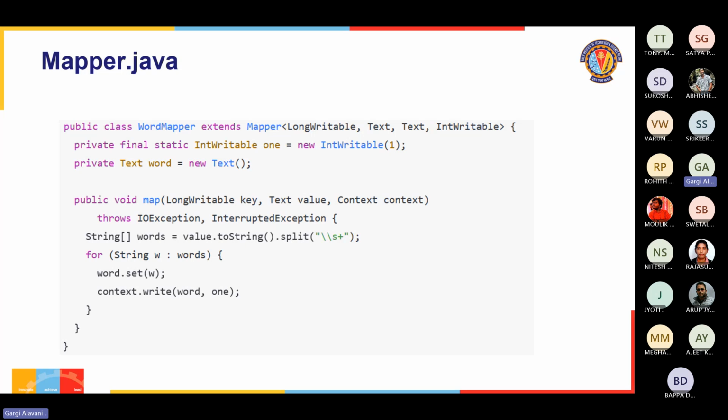So here, the extends mapper that you see will define a mapper with input key type object, input value type text, output key type text, and output value type IntWritable. This method will be called once per input line.